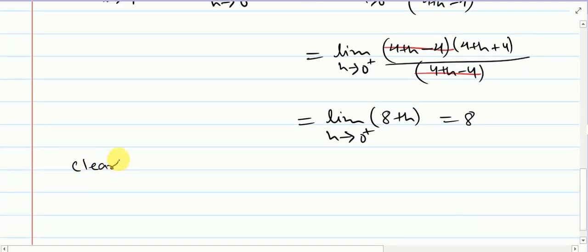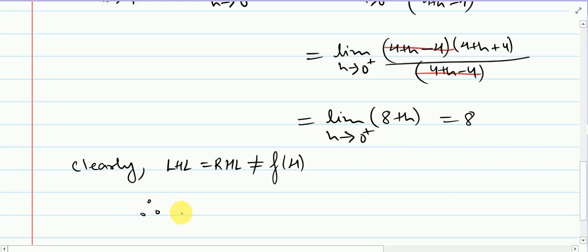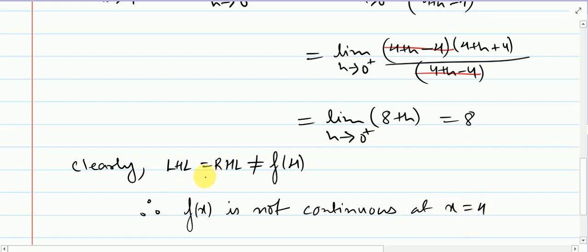Clearly, left hand limit is equal to right hand limit, but f of 4 is not equal. Therefore f(x) is not continuous at x equal to 4. And this type of discontinuity is called removable discontinuity.